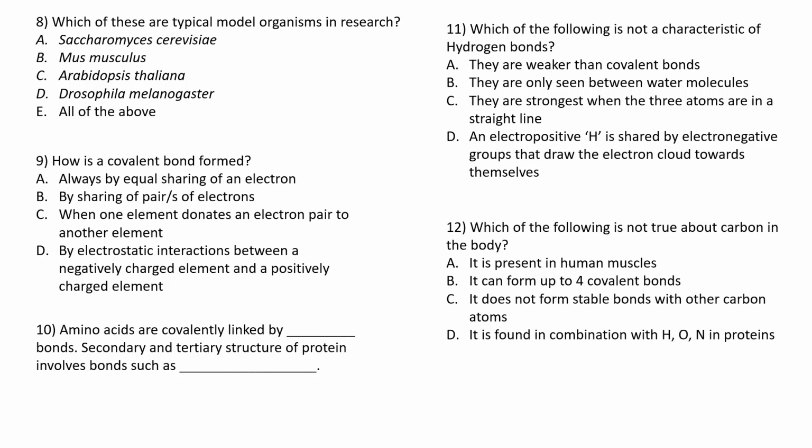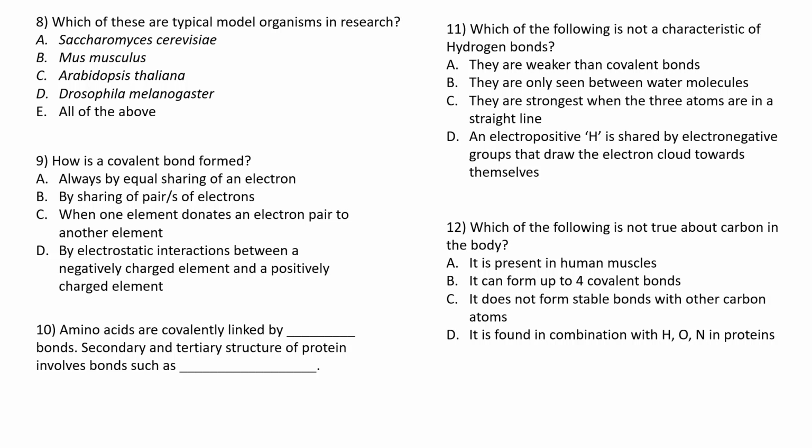What about this one? Which of the following is not true about carbon in the body? This is easy. Let's see. B, ma'am. C. Right, perfect. Great. Of course, it forms stable bonds with other carbon atoms, which is the basis of so many different structures.